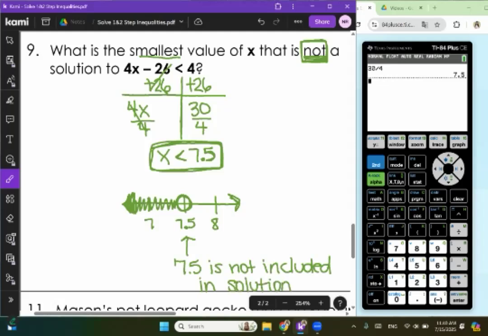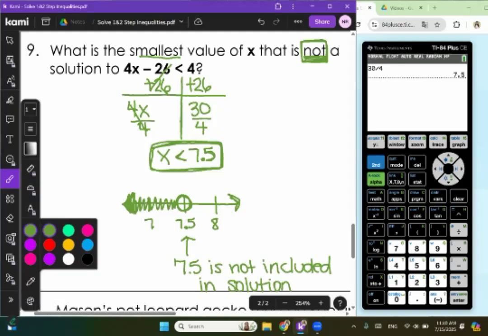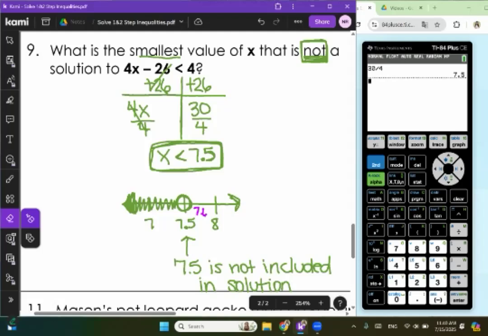Now, if it was a closed circle, let me just do it in a different color. Don't copy me. If it was a closed circle, then I would say, okay, well, the smallest solution, 7.6, right? Or 7.51, 7.5, whatever. But because it is an open circle, that means starting with 7.5.